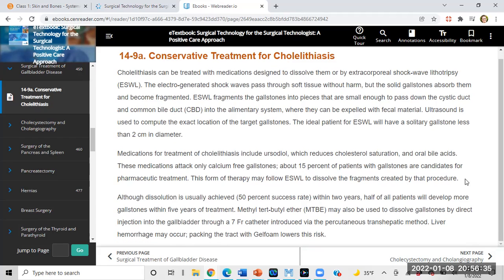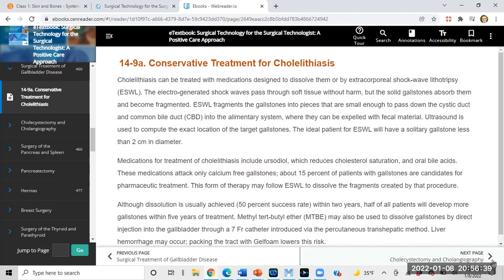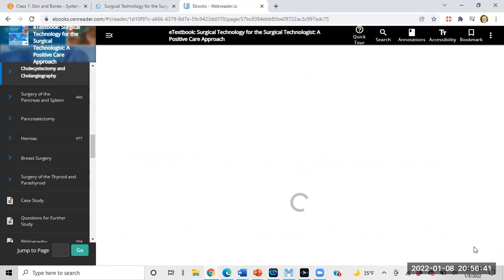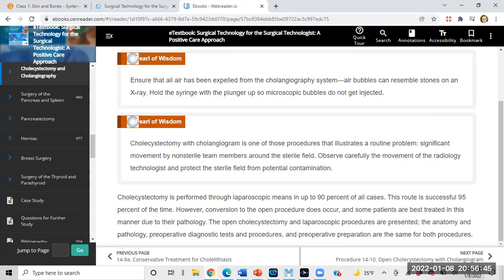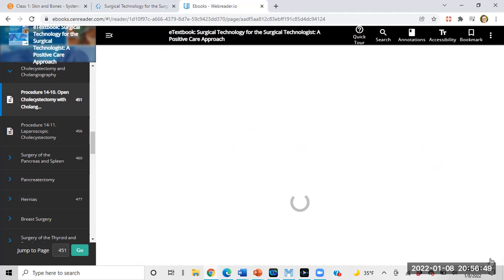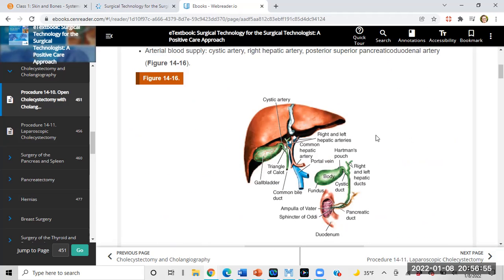So here is going to be your, no, it's not. I thought that, okay, it's the next one. Yeah, here's the procedure of the cholecystectomy. I think this one is with cholangiogram. Okay, and you can read through that. Here you've got another visual of the liver.